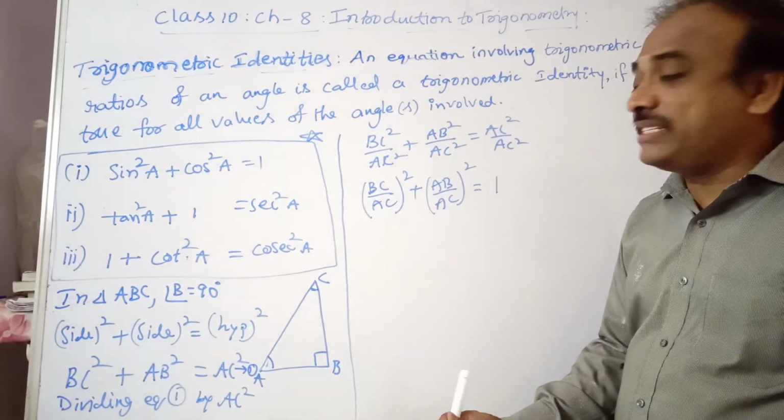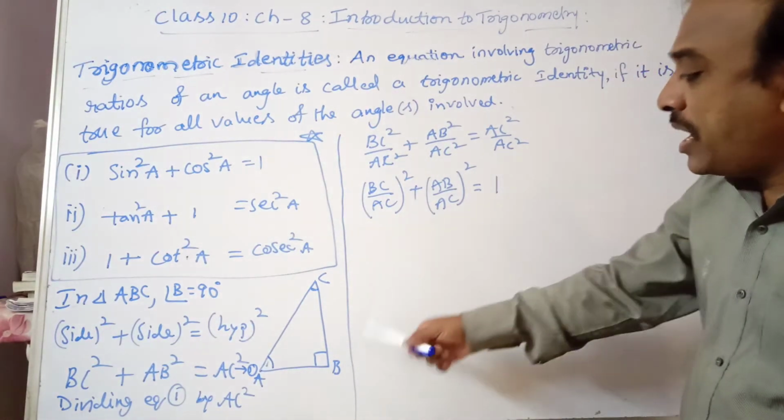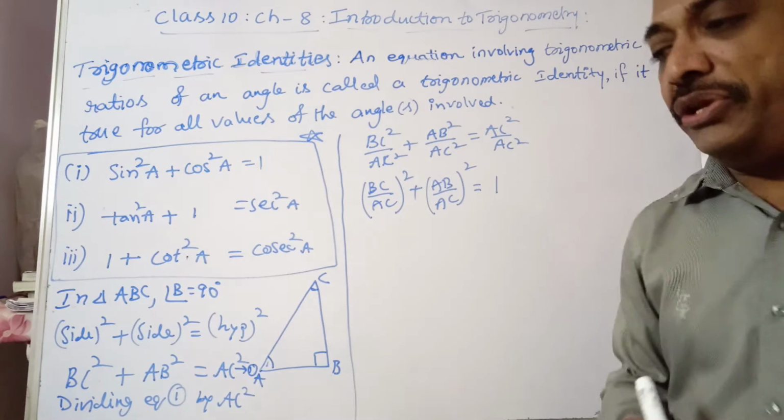Which trigonometric ratio will come? Opposite by hypotenuse.